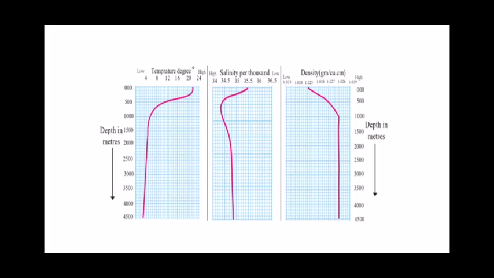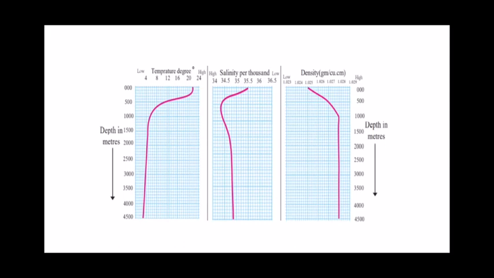So children, here we have the graph which is showing the temperature in degrees, then salinity per thousand and density of seawater. And towards your left and right, you can see the depth of the ocean or the sea in meters.